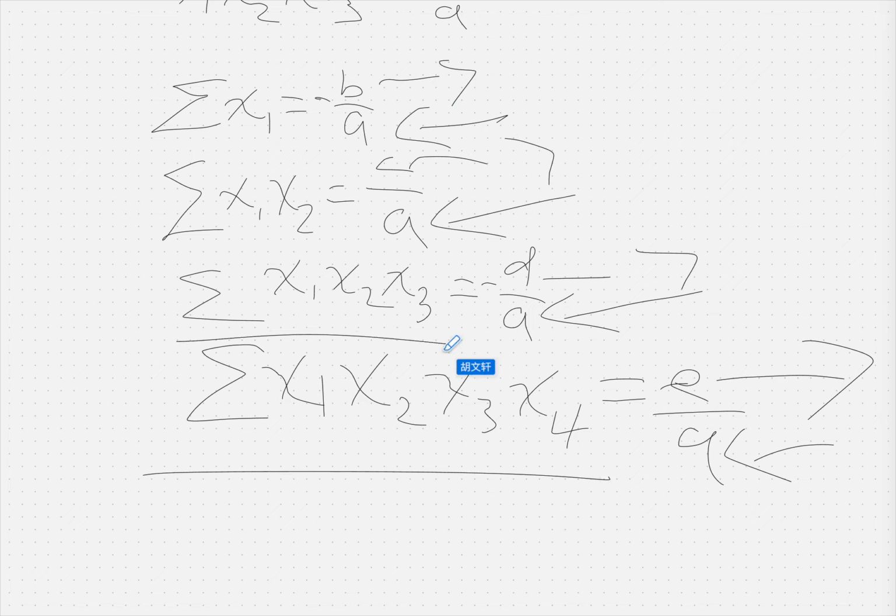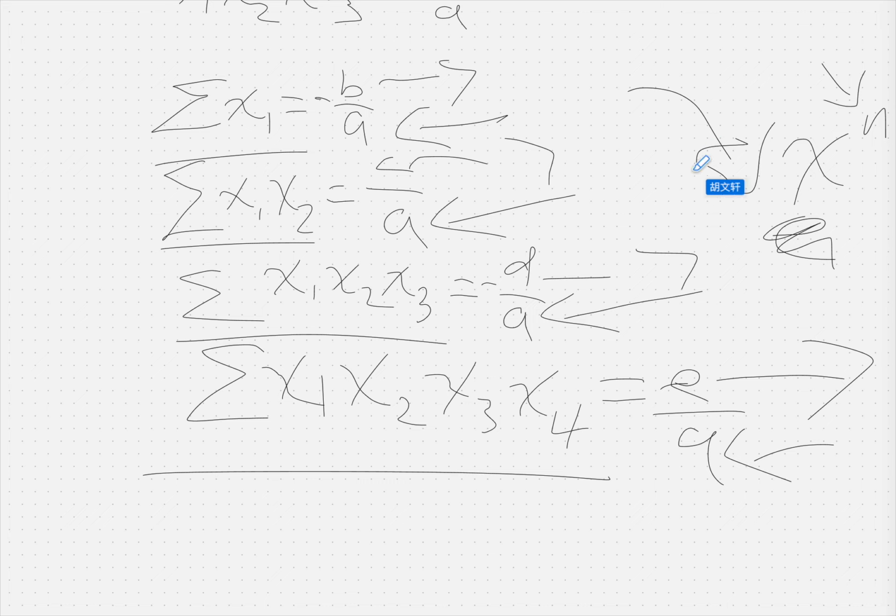Essentially, the more roots you multiply, the more you go down in your x power to receive the coefficient that we are dividing a by. We're dividing it by a4. And then you see that there is negative and positive alternating. This actually depends on how many roots there are.